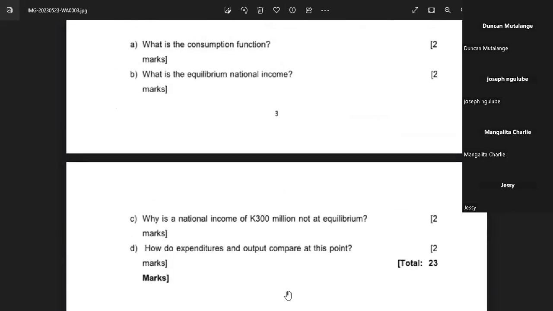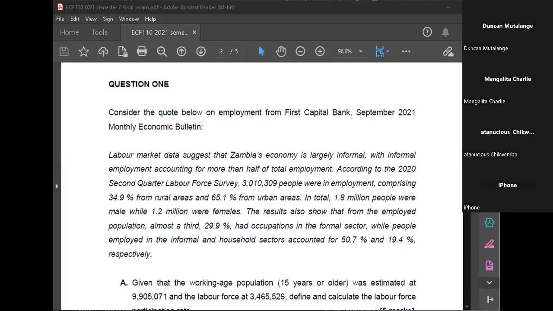All right. So let me consider the quote below on unemployment from First Capital Bank. It says labor market data suggests that Zambia's economy is largely informal, with informal employment accounting for more than half of the total employment. Usually for this type, they will give you a lot of data that is unnecessary, but you need to know what you need.